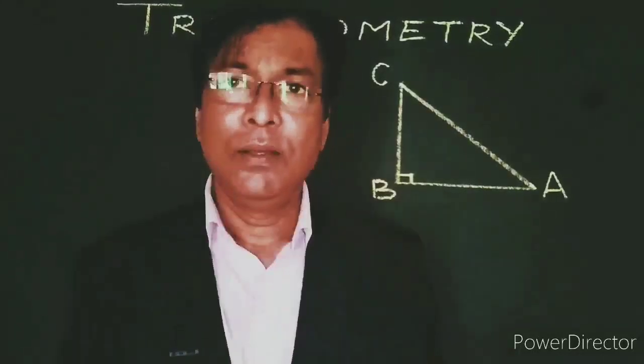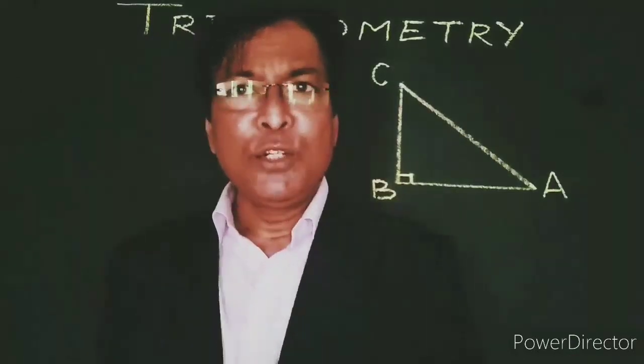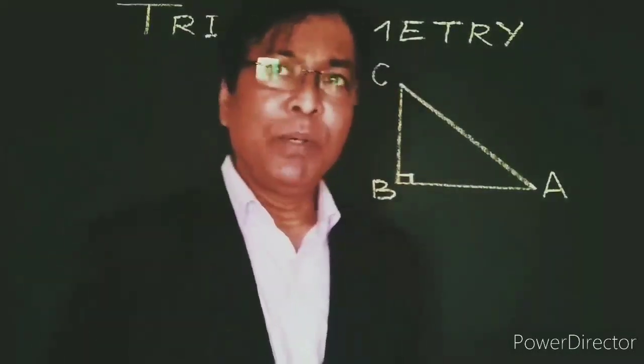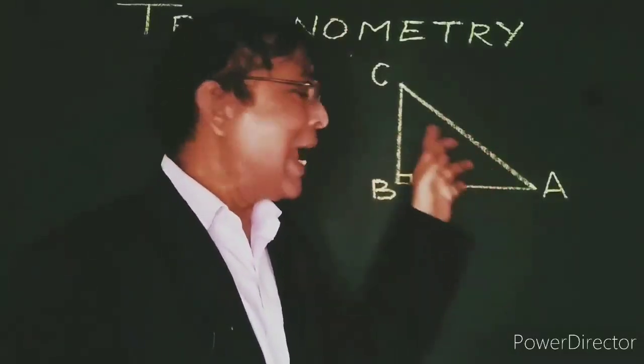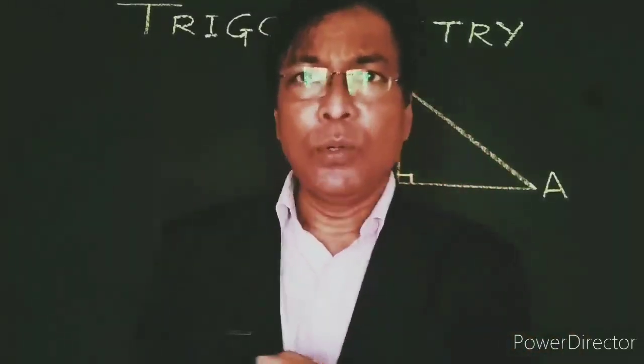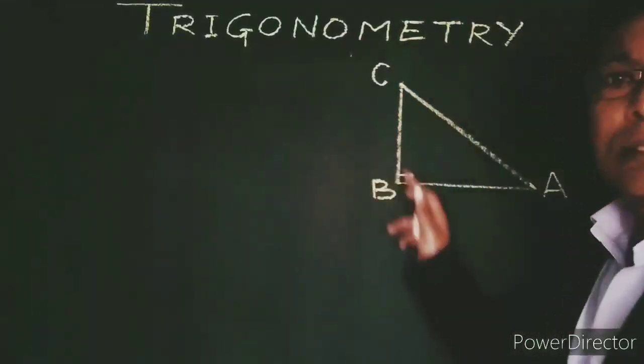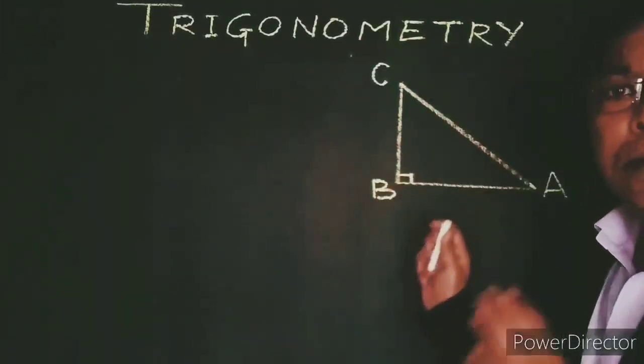Here we go. As we know, trigonometry gives the relationship between the sides of a right-angled triangle and the angles between them. We should know the names of these sides of a right-angled triangle.